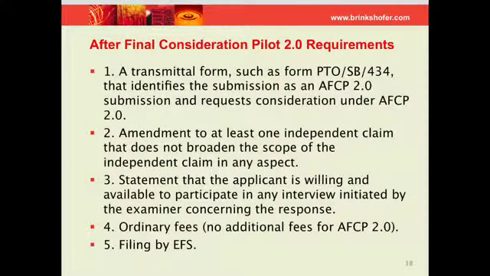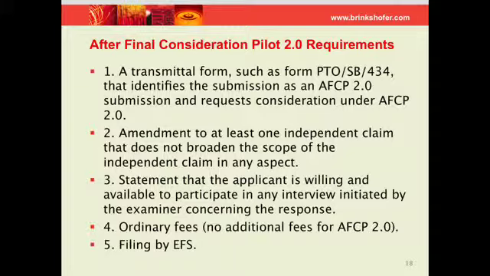The first thing was, there's basically a form that you have to formally apply. It's form PTO SB/434 that identifies a submission as an after final consideration pilot program 2.0 submission and requests consideration under the pilot program.